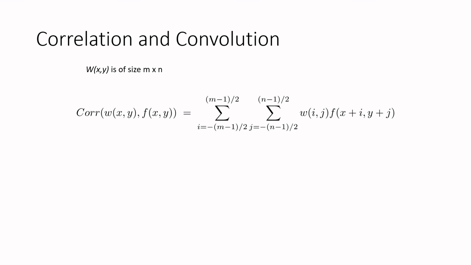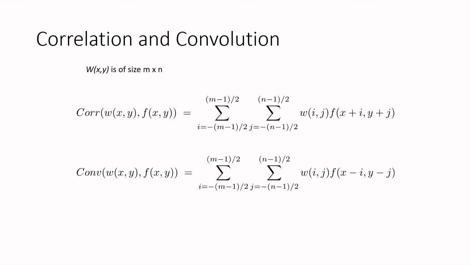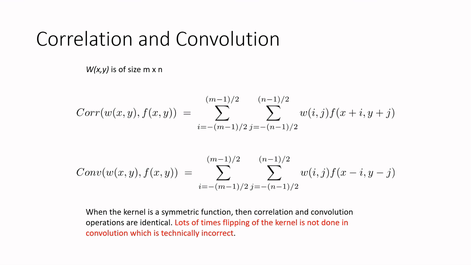Mathematically, you can define these operations through these discrete summation operations. Now, one thing to note is when the kernel is a symmetric function, then correlation and convolution are identical because flipping does not produce new mask values because of the symmetry.